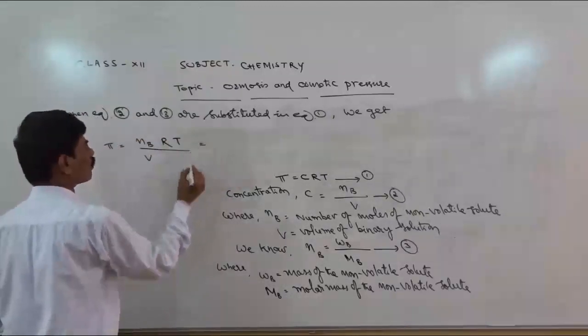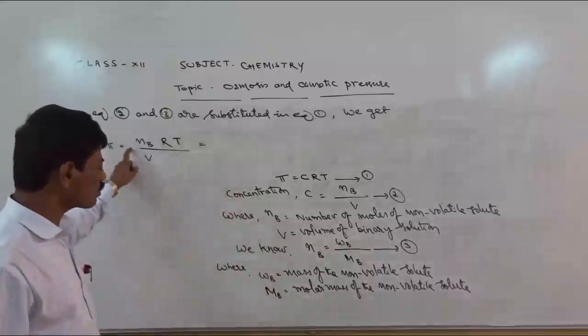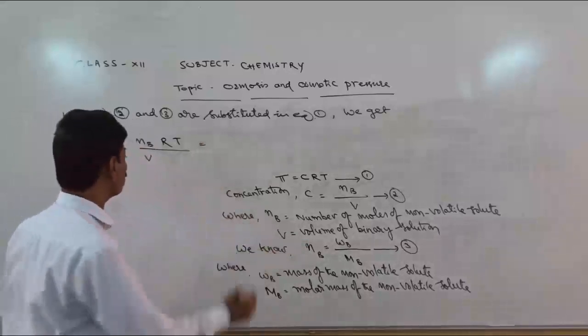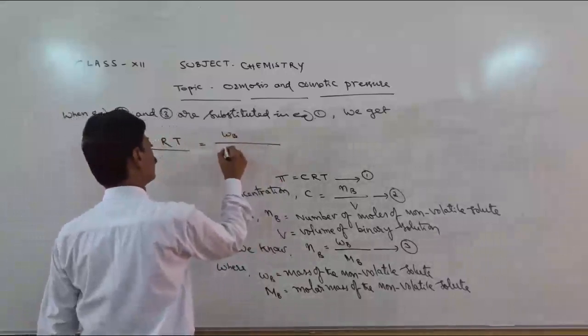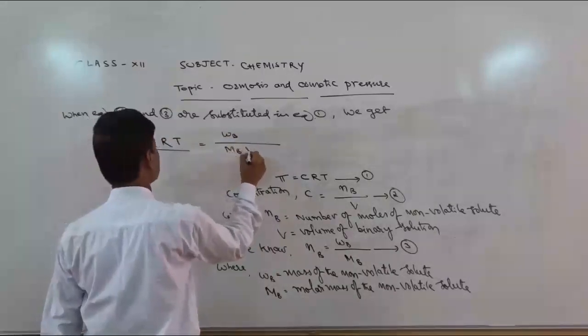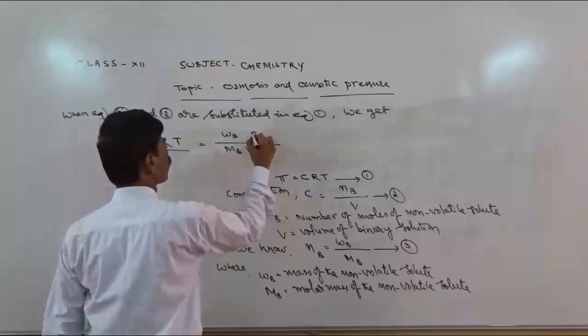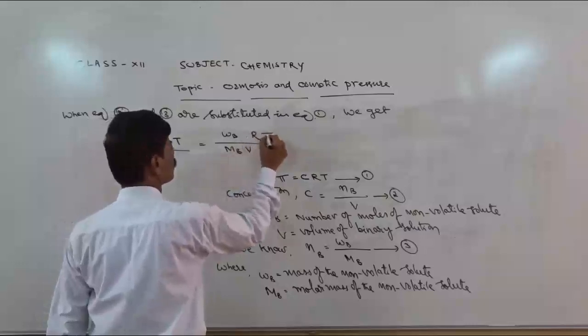This is equal to NB, number of moles of non-volatile solute, WB by MB into V into R T.